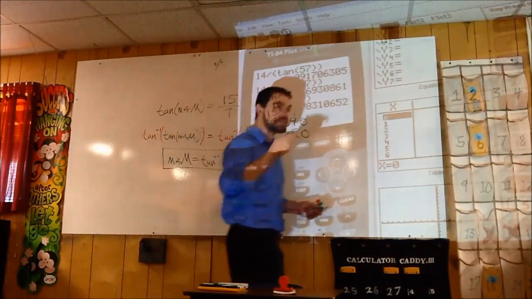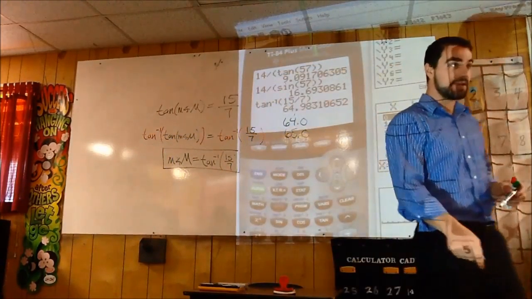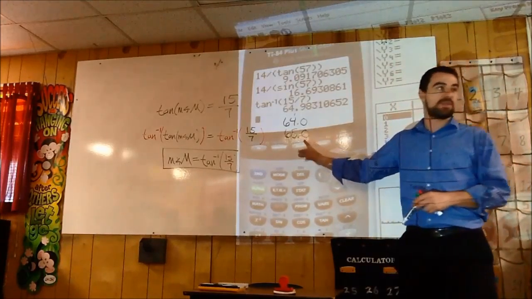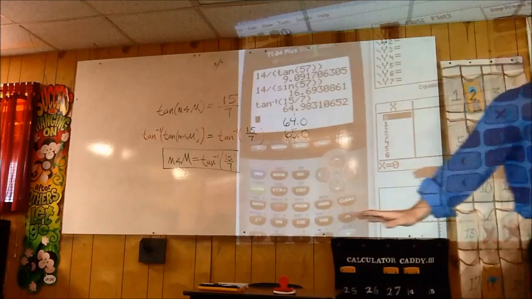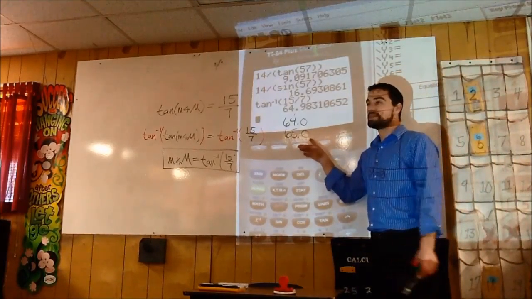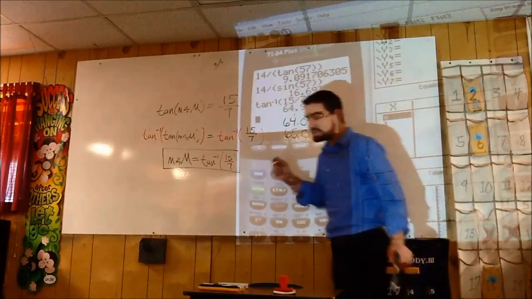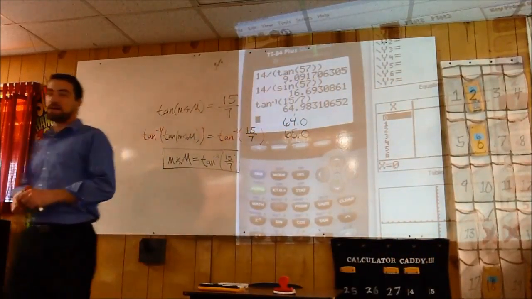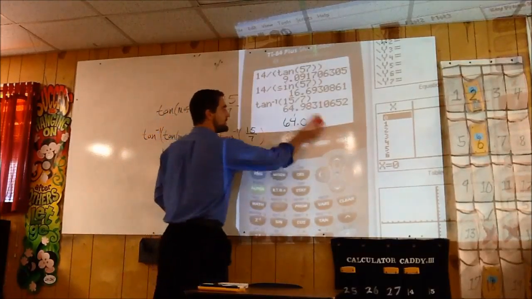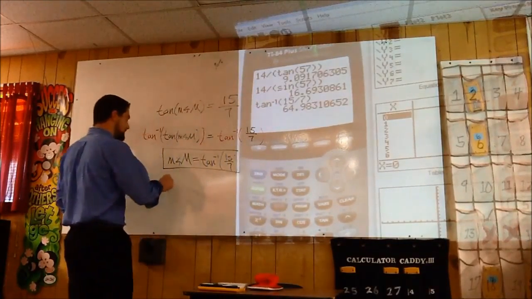But if they ask you to round to the nearest tenth, you have to represent the tenth place, even if it is a 0. So the correct answer, rounding to the nearest tenth, is 65.0. You must represent that tenth value place. So yes, 65.0 will be my rounded answer.